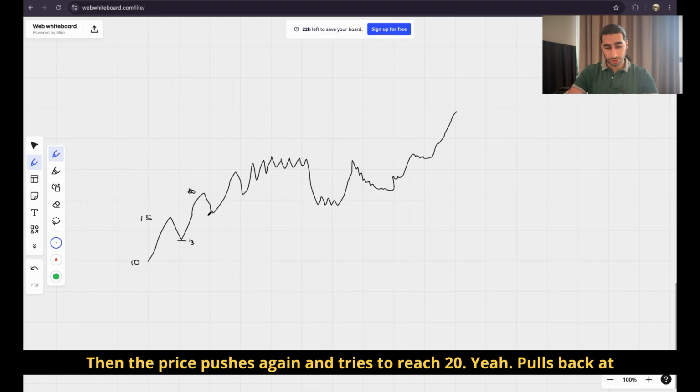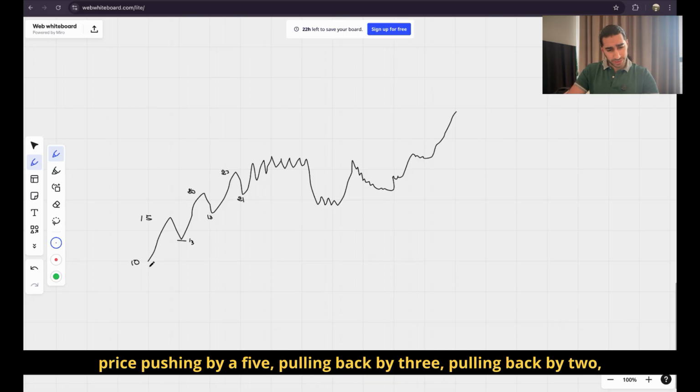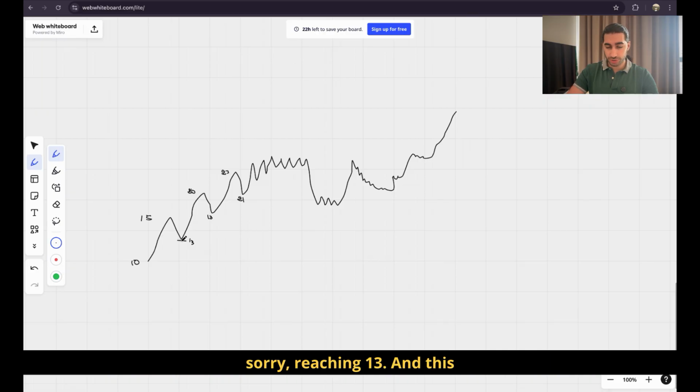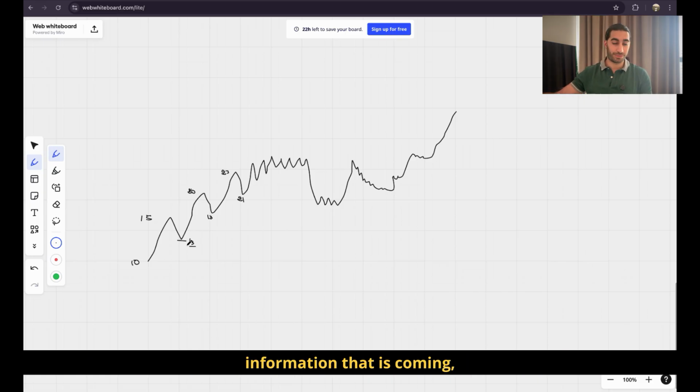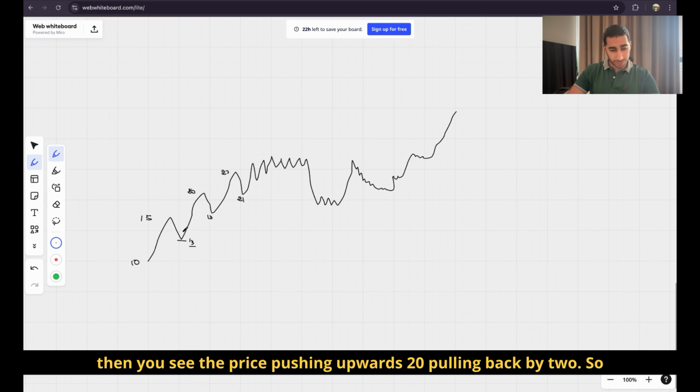Pulls back at 18, pushes again, and let's say it reaches 23 and pulls back at 21. What's happening here? You see the price pushing by 5, pulling back by 3, pulling back by 2, reaching 13, and this is information that you have no use of if you don't have the next information that is coming. Then you see the price pushing upwards, 20, pulling back by 2.